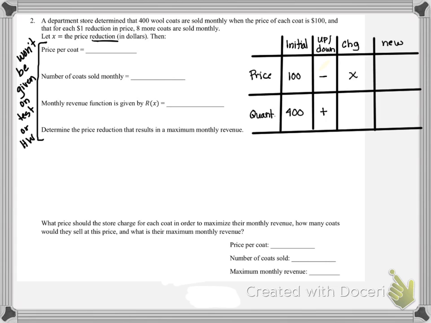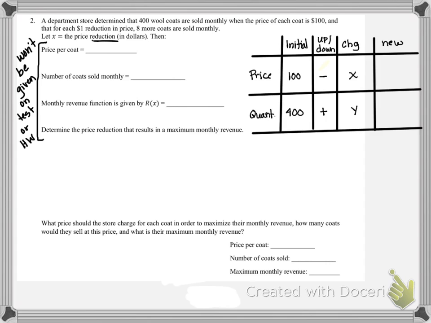So then if I lower my price by X dollars, how much does my quantity increase by? We could put y there, you're right. But then, like 8x? Yes. Let me talk about y real quick, and then we'll put 8x there. If we put y there, then we would have to go back to what we did last week and write an equation for the quantity in terms of the price.